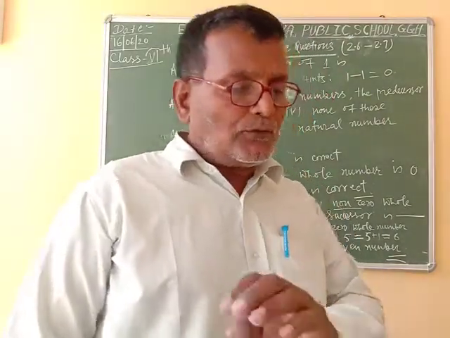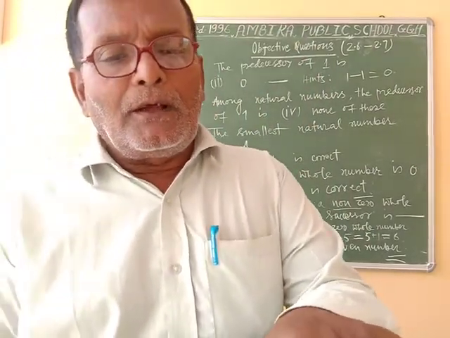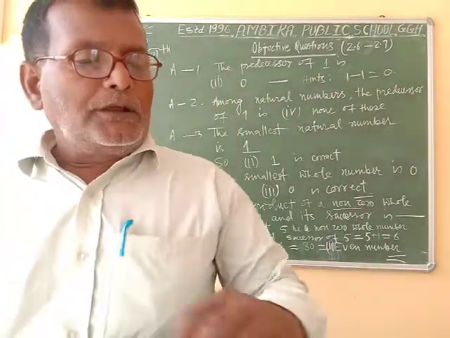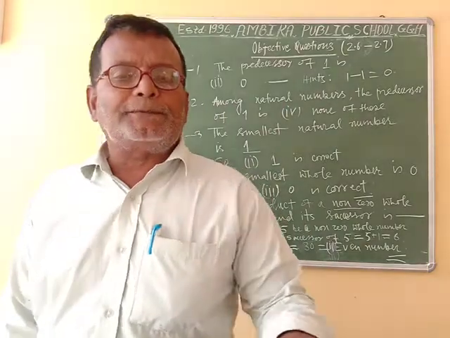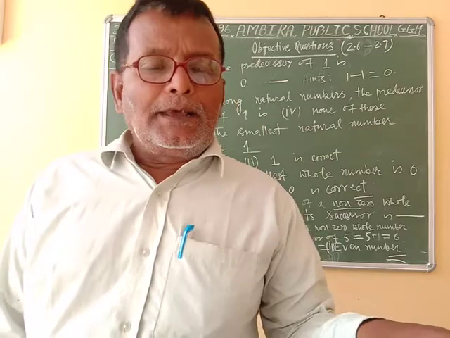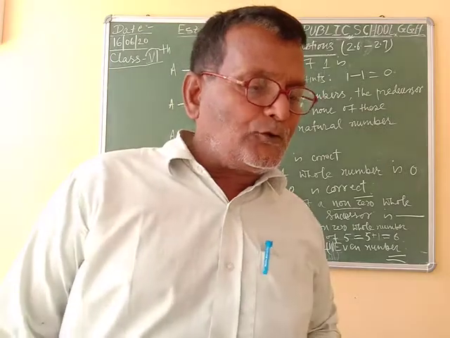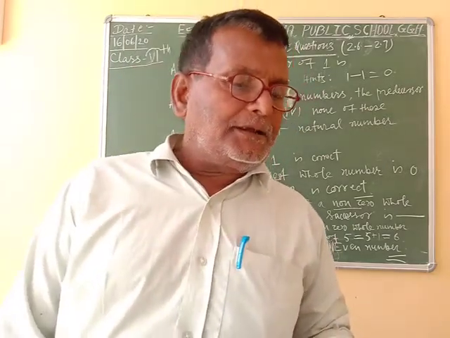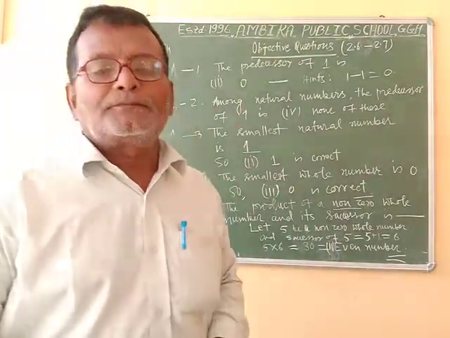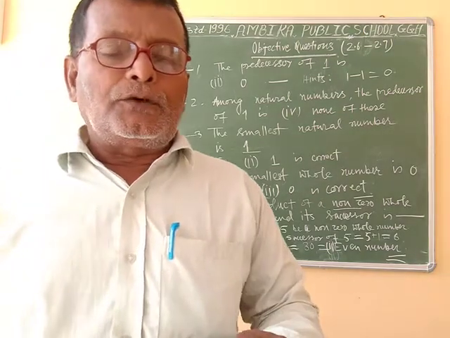Now questions 1 to 5 have been solved in this period, and only 5 questions have been left in this exercise. So you will try to solve these questions and remember the properties of whole numbers, natural numbers, predecessor, successor, and then I hope that you will not feel trouble.